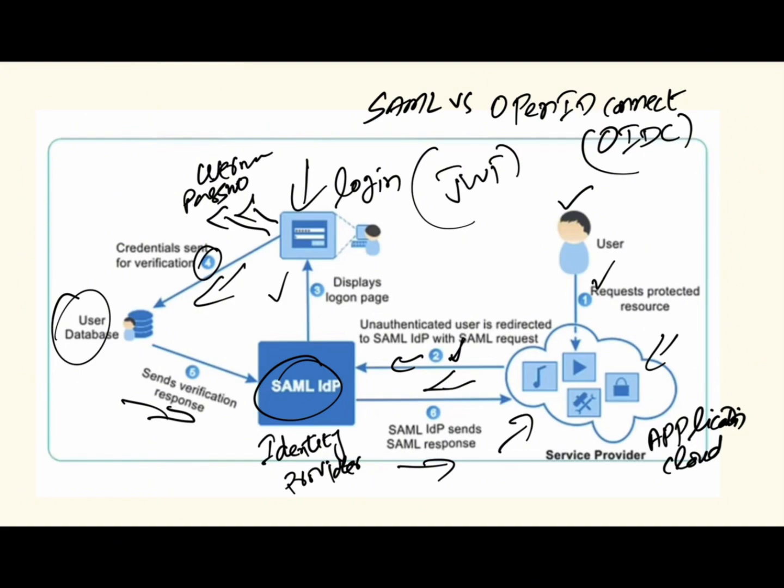SAML is best for enterprise, while OpenID is best for web and mobile, modern applications. SAML is used in complex environments and is heavy. OpenID is, on the other hand, lightweight. SAML is older, legacy, and OpenID is a modern authentication protocol.